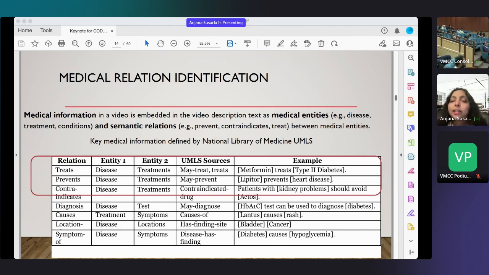So metformin treats diabetes. That's a syntactic relationship. Similarly, something prevents something, something contraindicates something, something is a cause, something is a symptom. All these, in the simplest form, we could consider as medical named entity recognition. Many of you are familiar with named entity recognition methods from NLP. What I have is a modified named entity recognition, but for medical terms.